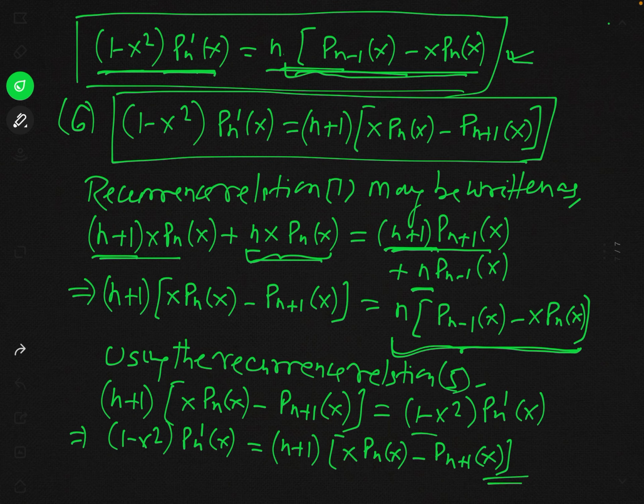So actually this is the sixth recurrence formula. So in these two lectures we have now proved all 6 recurrence formulas. In the forthcoming lectures we will discuss some problems, or you can say the solutions of problems, based on these recurrence formulas.